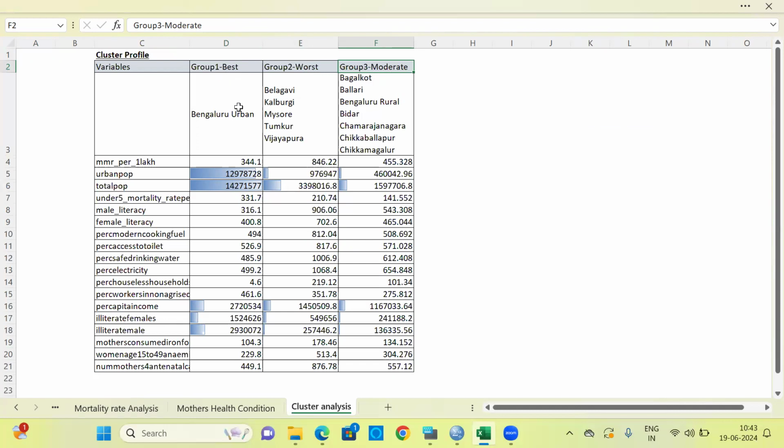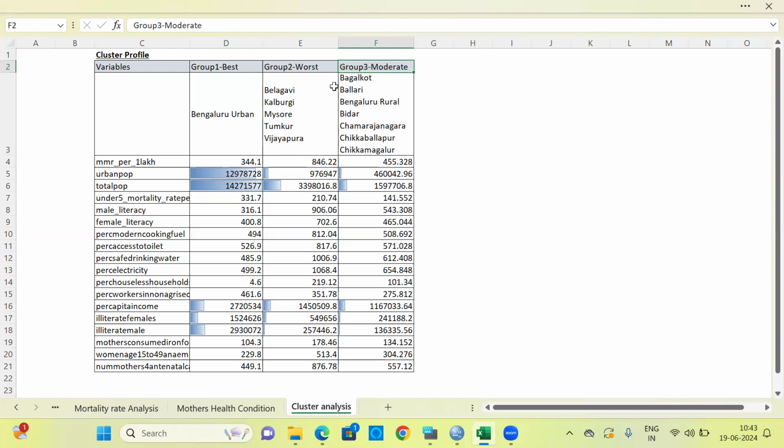There's only one member when it comes to the best, which is Bengaluru urban, which is expected. When it comes to not so good performance, you have Belgavi, Kalburgi, Mysore, Tumkur, Vijaypura, and those districts with a moderate performance. Some of the districts here are listed like Bagalkot, Ballari, Bengaluru Rural, Bidar, so on and so forth.